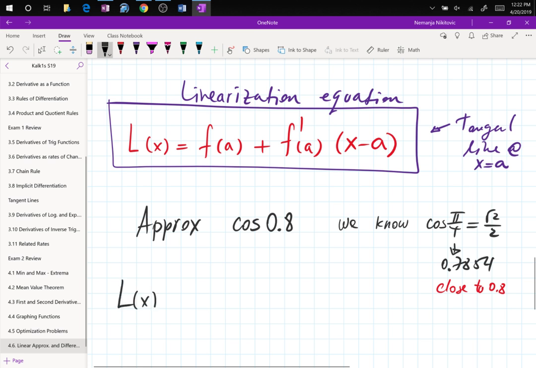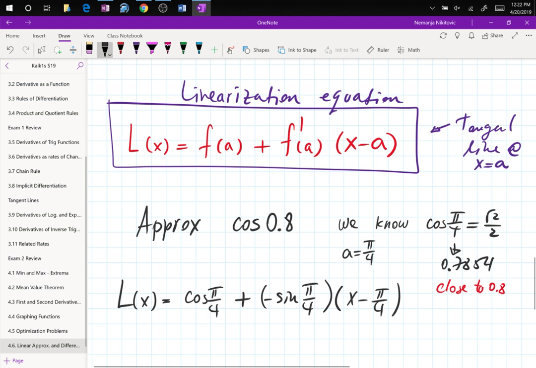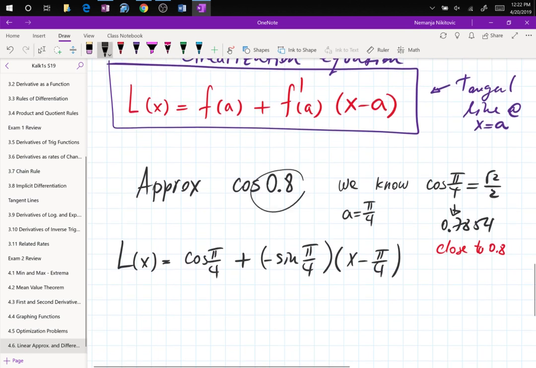L(x) is the function computed at a, but a is pi over 4, so cosine of pi over 4, plus the derivative of cosine, which is negative sine, so negative sine of pi over 4 times (x minus pi over 4). So pi over 4 is my a value, one that is nice to compute, and it's very close to what we actually need, which is 0.8.